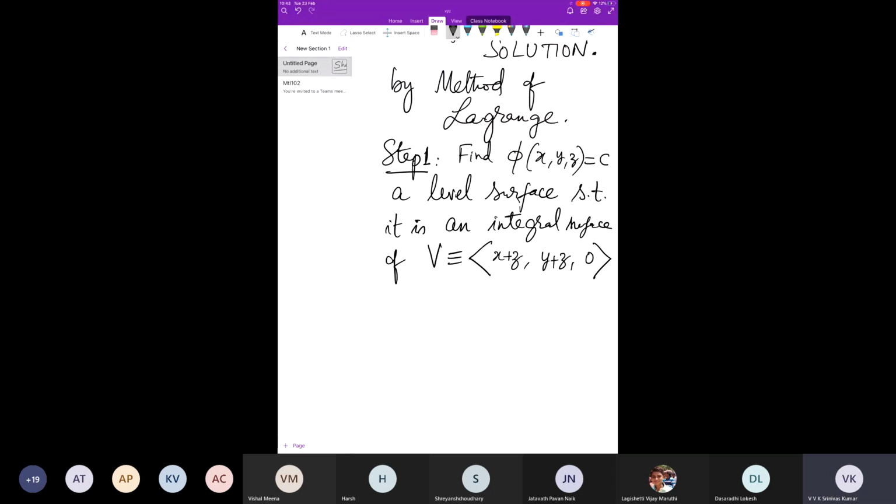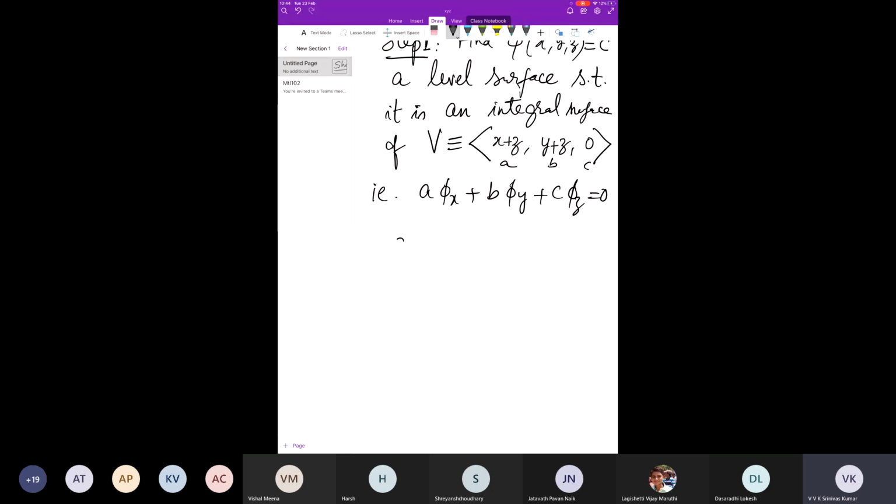What is the meaning of this? Whatever we are finding, with the vector field as (a, b, c), a times phi x plus b times phi y plus c times phi z should be equal to 0. That is satisfied. How to find this? We will not use any characteristic parameterization.